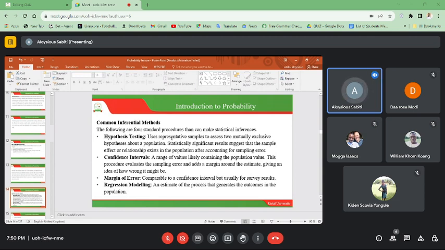The third standard procedure you can use to make a statistical inference is what we call the margin of error. And here, similarly, it is close to using the confidence interval, but it is usually for survey results.